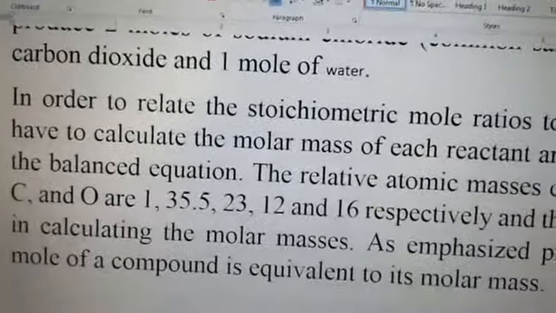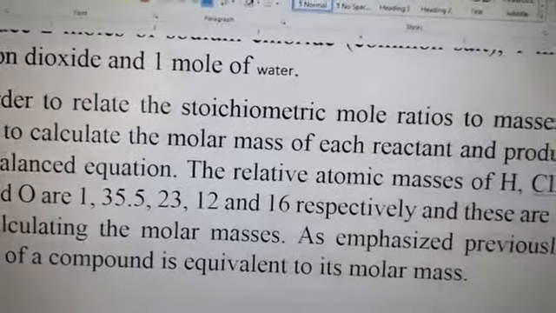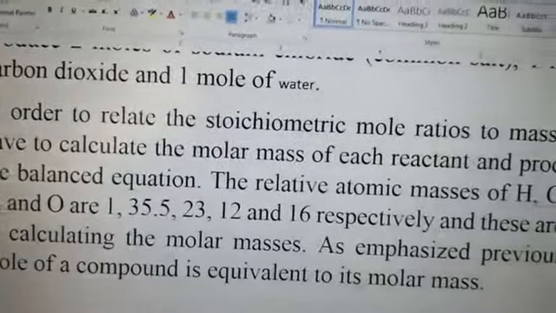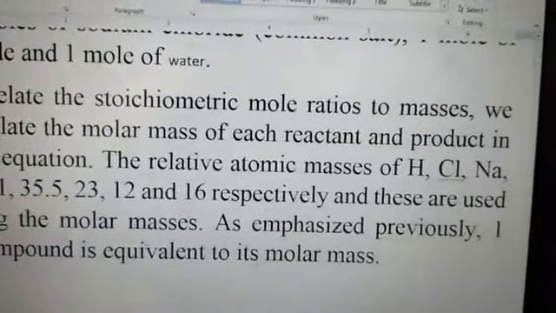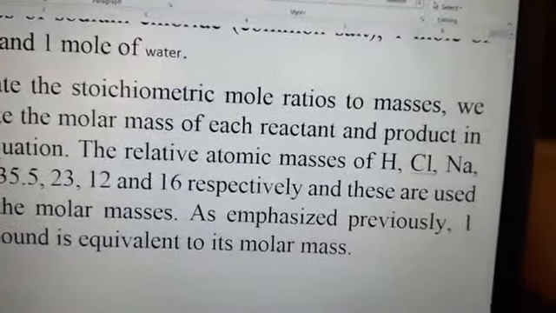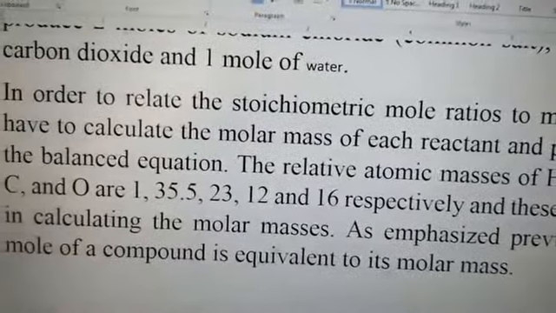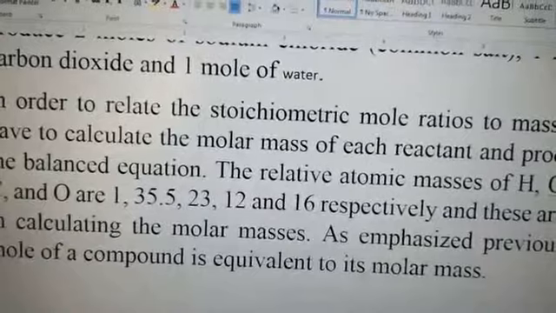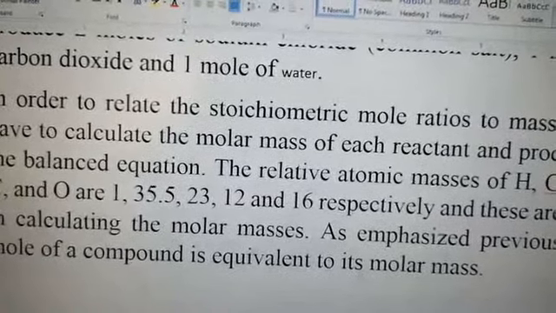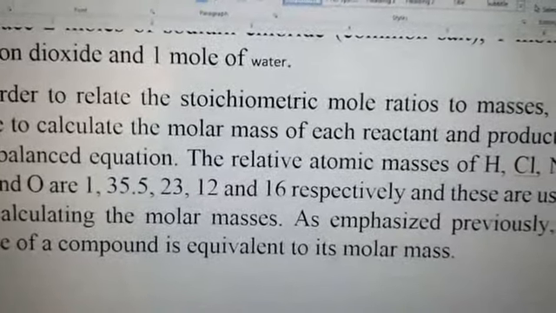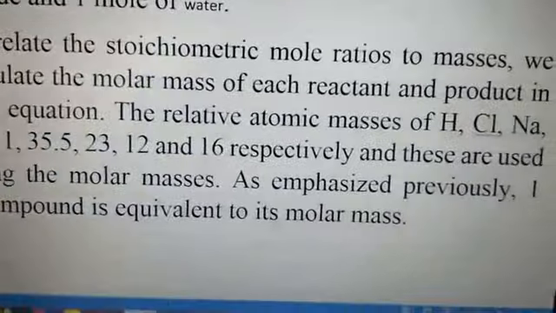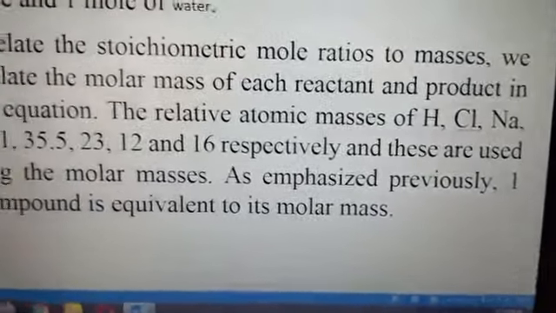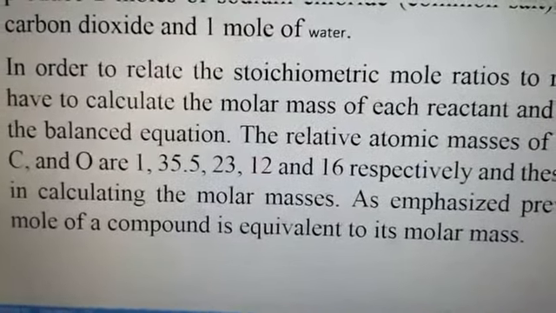Then, in order to relate the stoichiometric number of moles to the masses, what do we do? We have to calculate the molar mass of each reactant, each compound and product in the balanced equation. Remember, we say that 1 mole of a compound is equal to its molar mass. So to calculate the molar mass of the compound, we need the relative atomic masses of the elements in the reaction: hydrogen, chlorine, sodium, carbon, and oxygen.